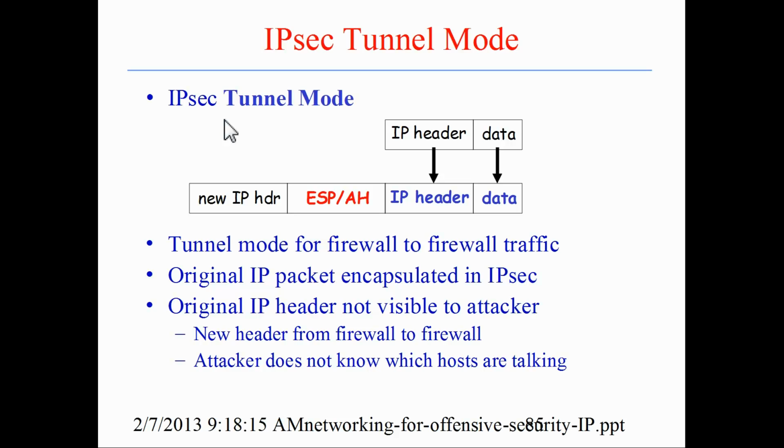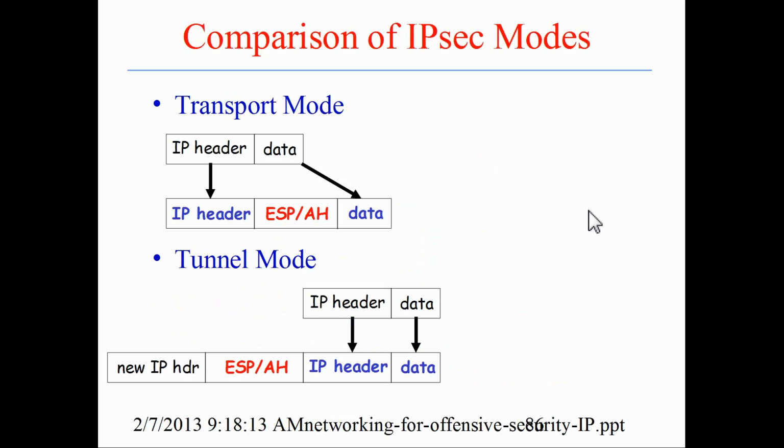this is designed for firewall-to-firewall traffic, and the original IP packet is just completely encapsulated in an IPsec packet, which would be edited to have a new IP header, the ESP AH header, and the original one would not be visible to the attacker, which can provide complete confidentiality even if the attacker has man-in-the-middle capabilities.